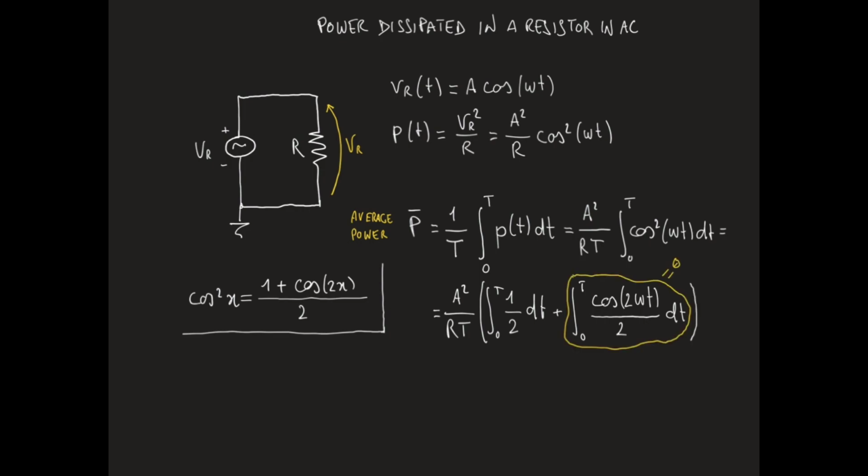Cosine of 2 omega t has half the period of cosine of omega t, so its integral over a period is equal to 0.